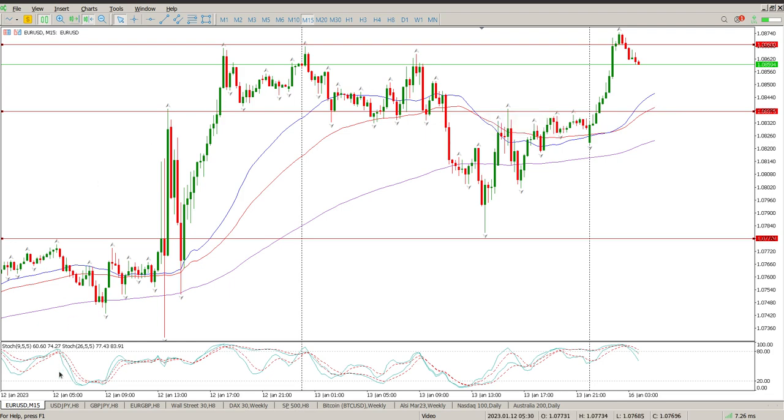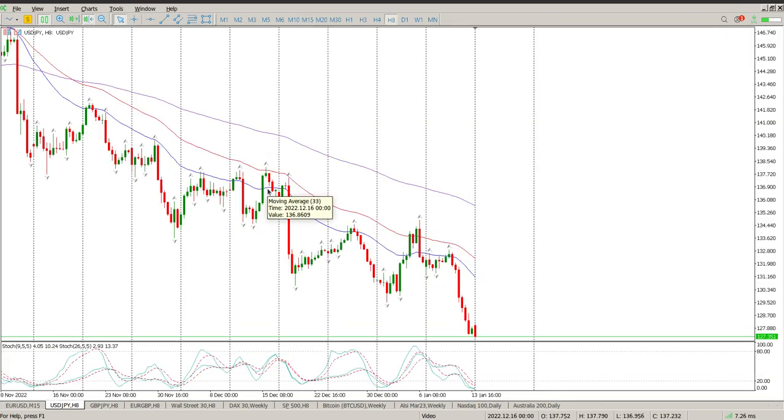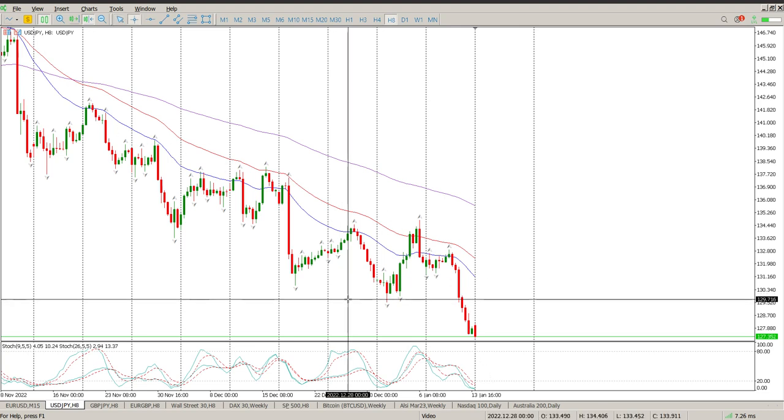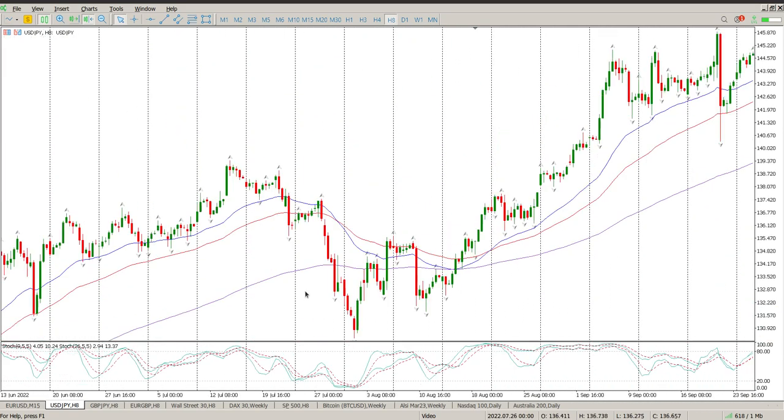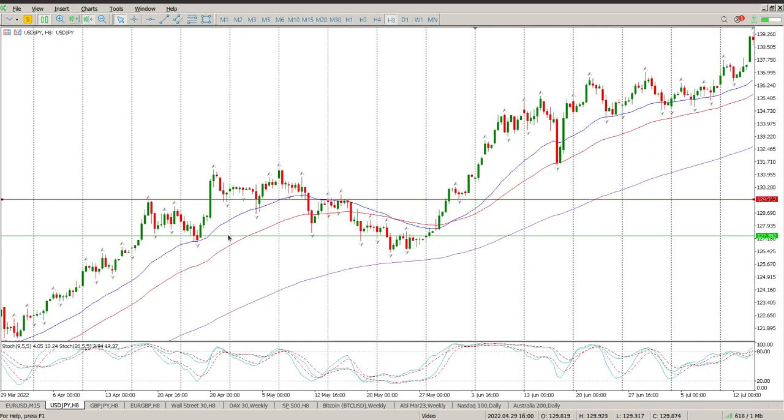Okay, moving on to US dollar, Japanese yen, and the trend is down. You can see that that's pretty clear. We never really got the retest back up here. That's what I was kind of hoping for, that level there. If we look to the downside and just swing left, you'll see we're coming up to an area of support here as well.